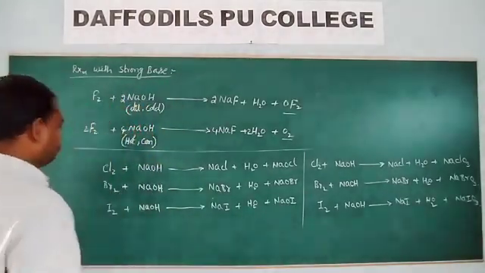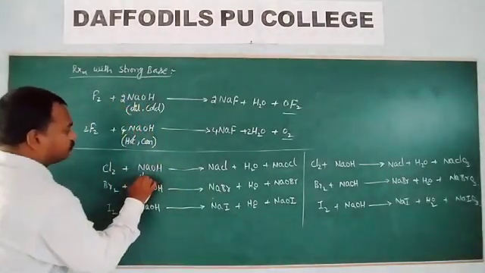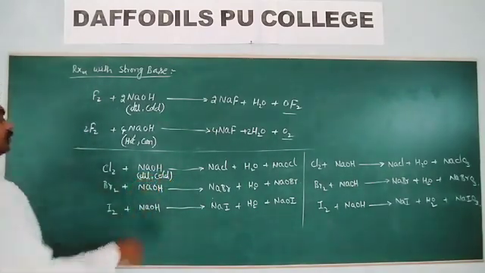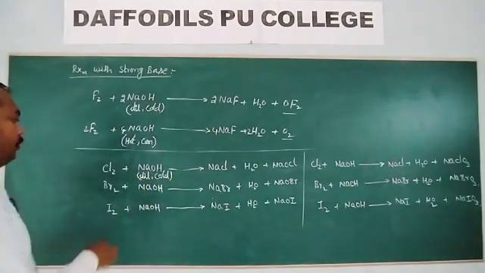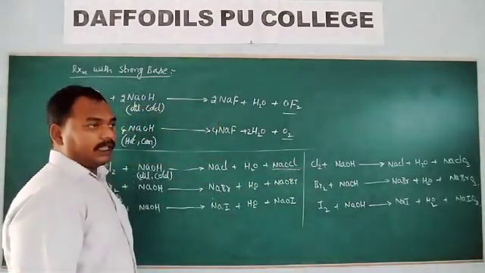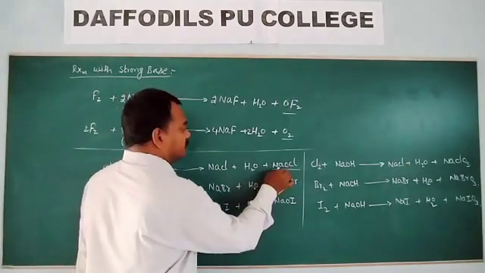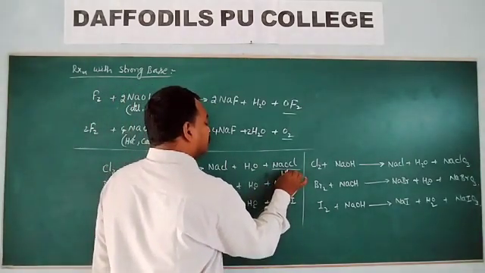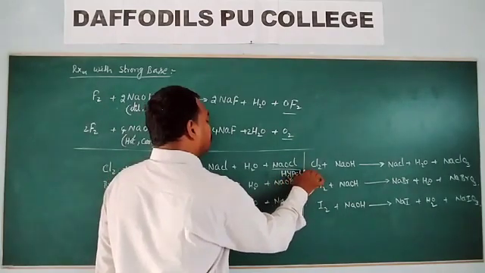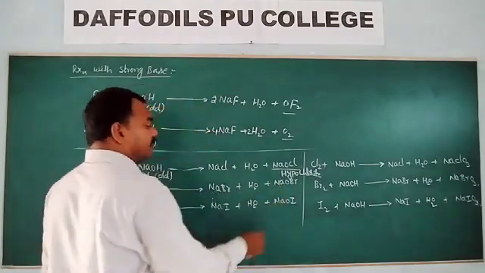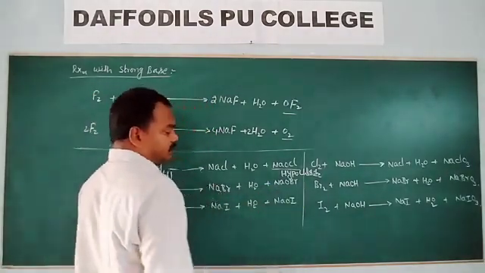So look at this with dilute and cold sodium hydroxide. With dilute and cold sodium hydroxide, we will get sodium hypochlorite. Its name is sodium hypochlorite. Its name is sodium hypobromite.